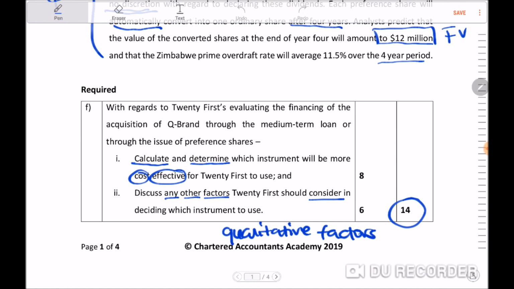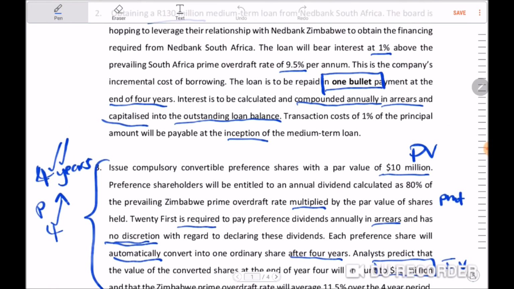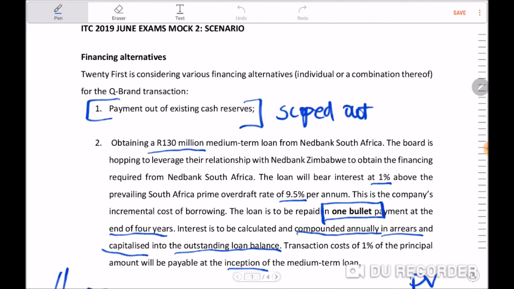Now discussing any other factors that 21st should consider besides this quantitative factor. We now as well go back to the individual components or the characteristics of the loan and the convertible preference shares. So I'm to obtain a loan from South Africa and hoping to leverage the relationship that I have with the Nedbank Zimbabwe.